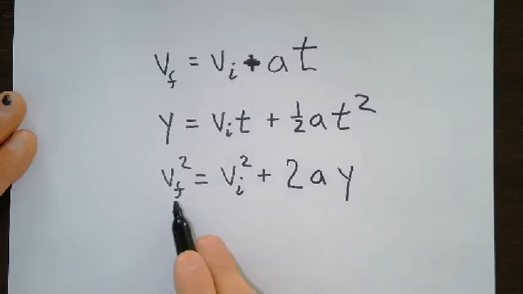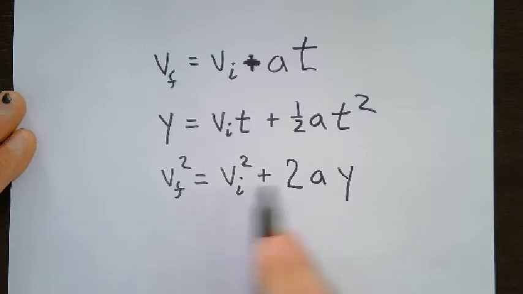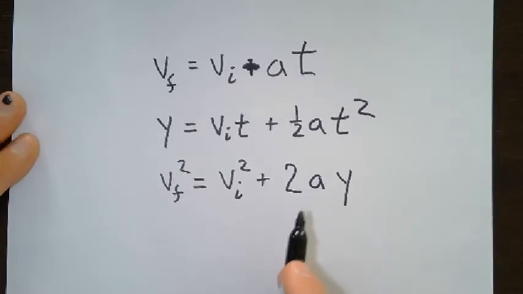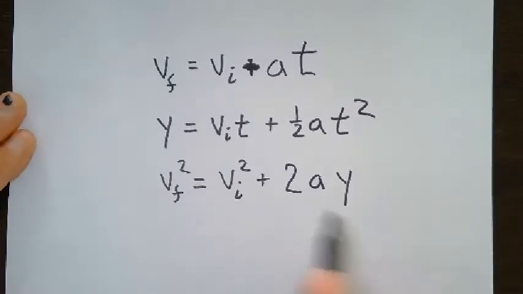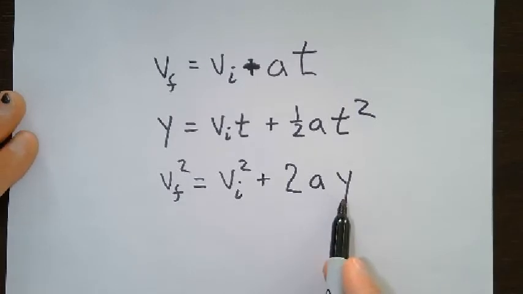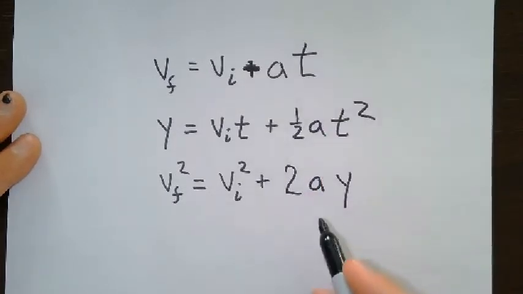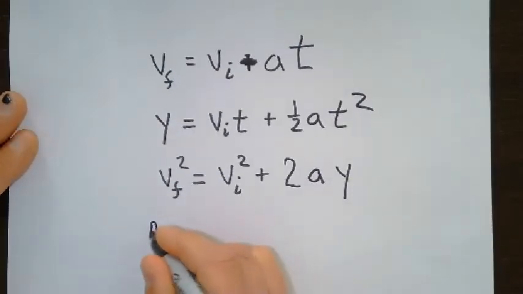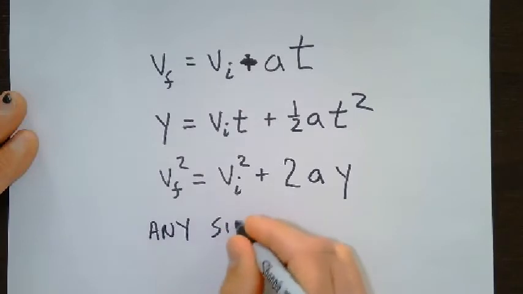And like I said, I'm not showing you where this comes from, but one of the really nice things about this equation is that it does not involve the variable time. And so you are going to find that there are sometimes physics problems that ask you to solve for one of these things, but they don't tell you anything about time.